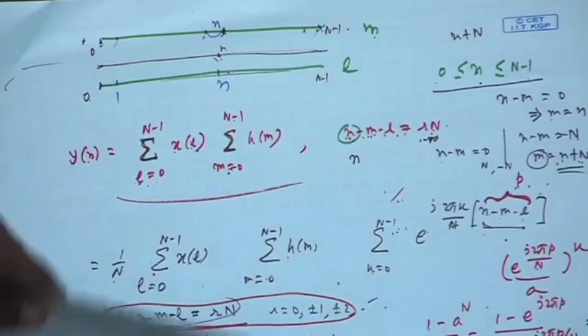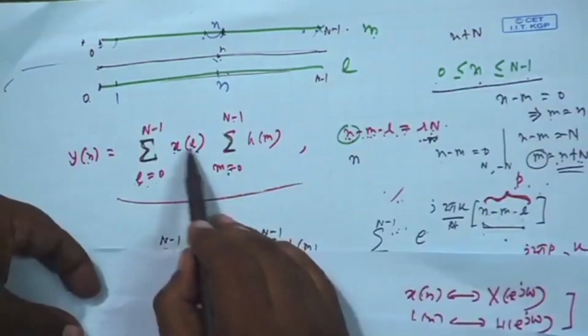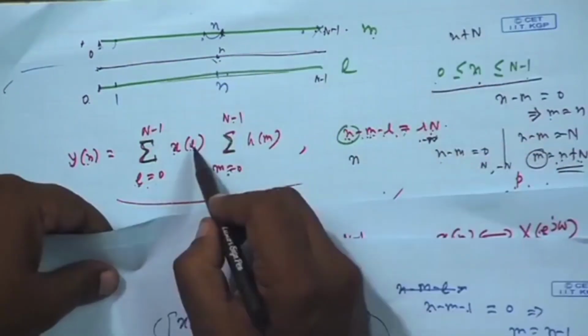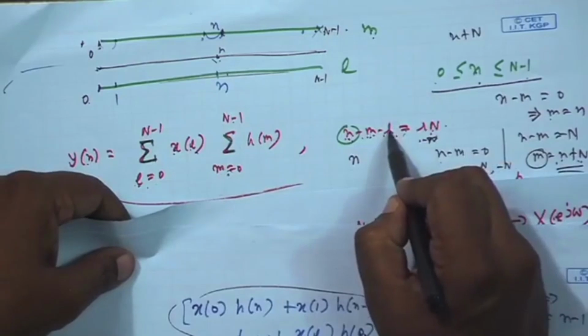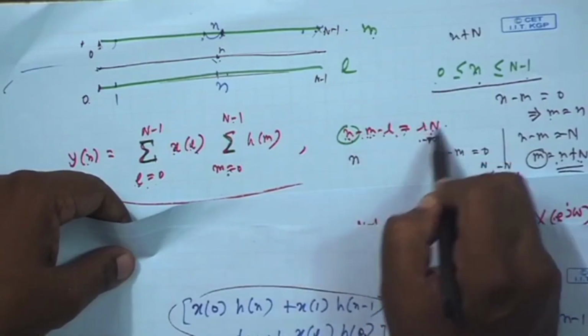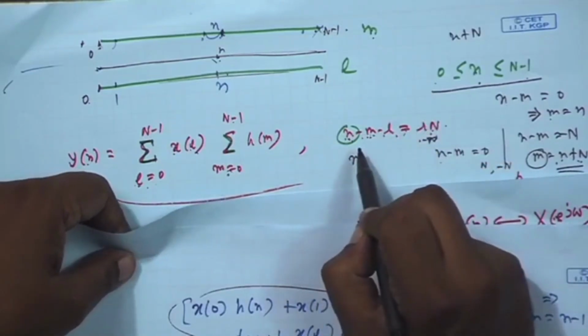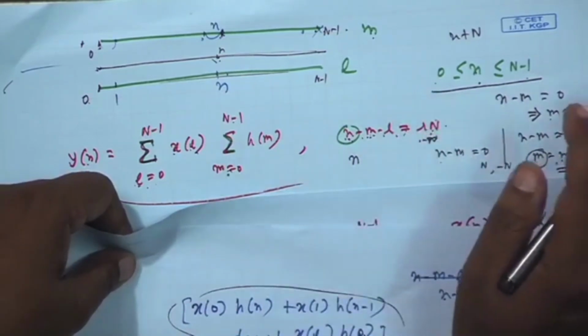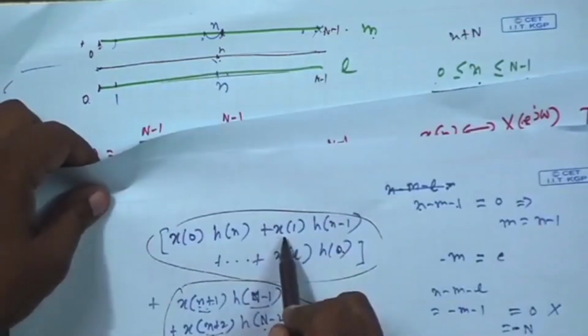That is why in this summation, when you have got x 0, you have got h n, then x 1, L is 1, if you put 1 here, n minus 1, if it is 0, m will be n minus 1. By the same logic, you cannot have capital N minus n, all those here, because it will be out of the range. You can verify. So, x 1, and we have done it yesterday.